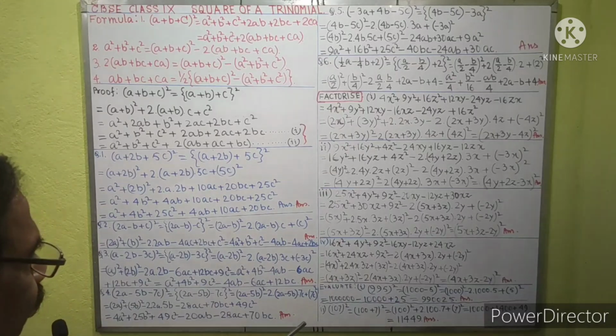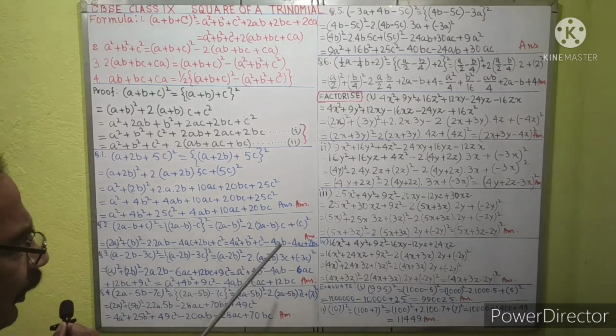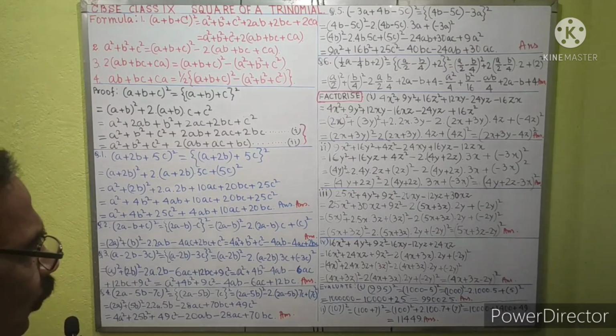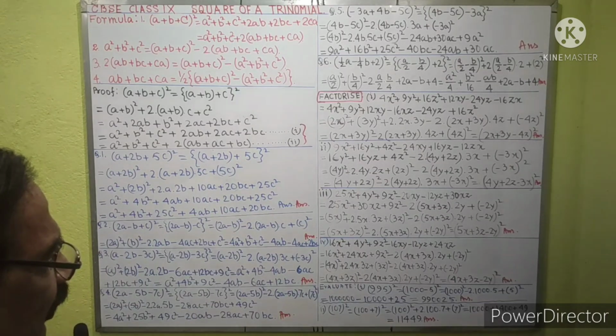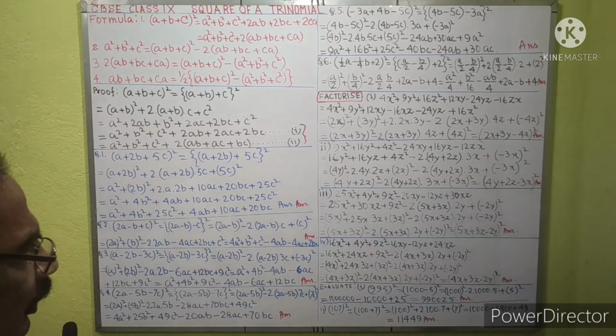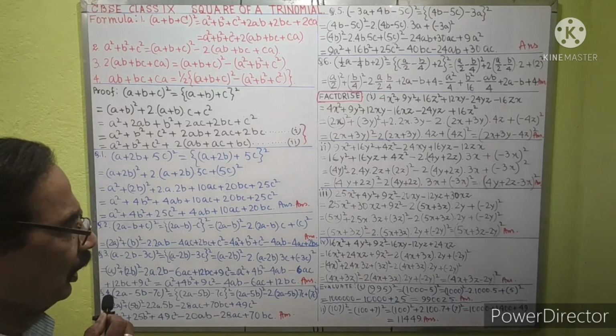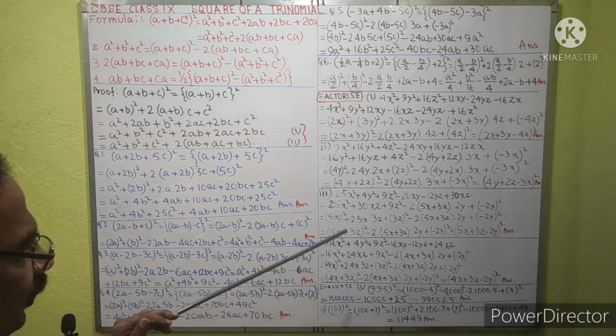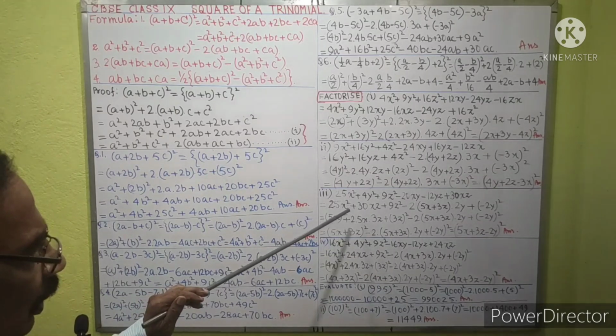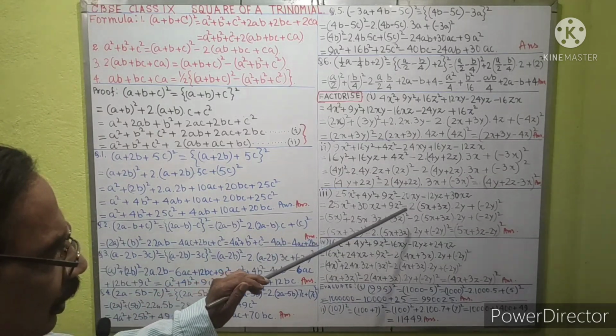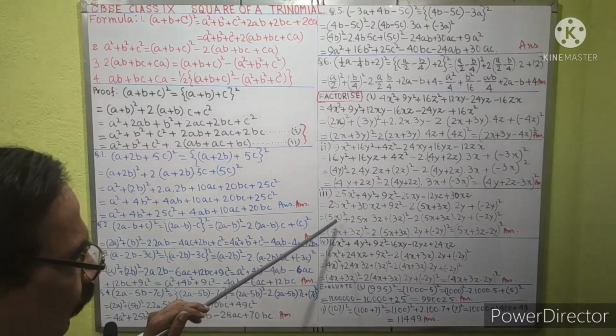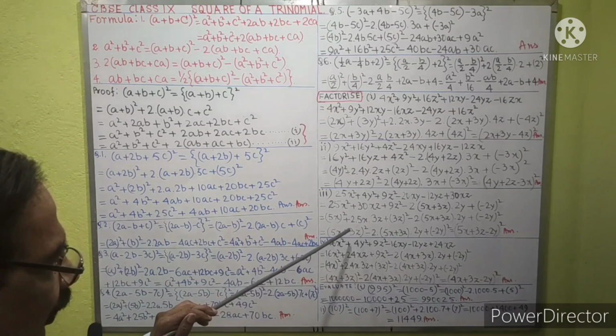Next question, 25x square plus 4y square plus 9z square minus 20xy minus 12yz plus 30xz. As it is x square, 25x square and plus 9z square, and that is also plus, we have taken together to make it a square.